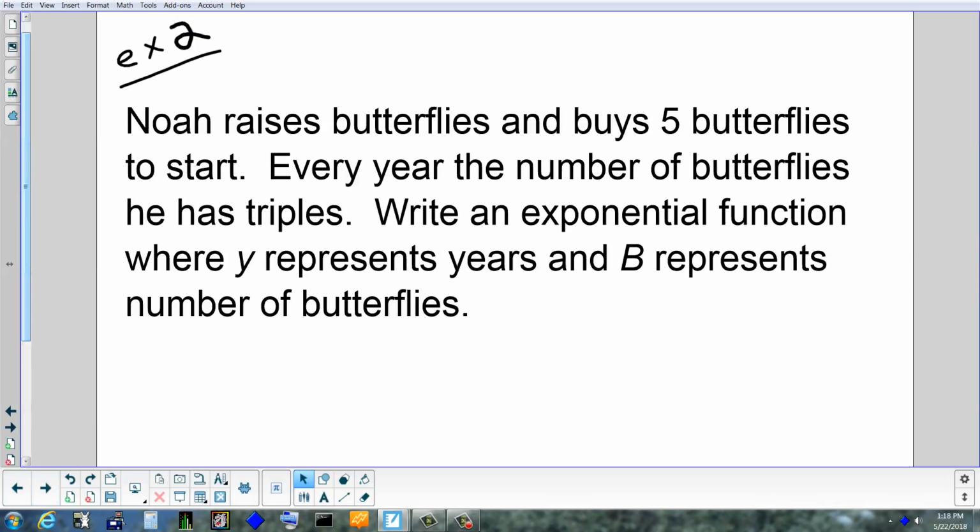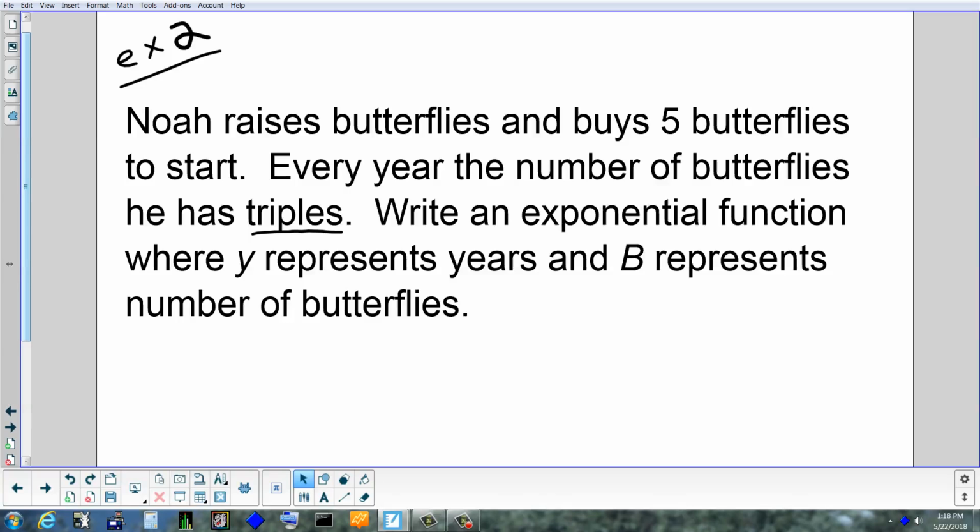All right, so let's look at example 2. Noah raises butterflies and buys 5 butterflies to start. Each year, the number of butterflies triples. Now, if you get a problem and it says that something is doubling, tripling, or quadrupling, that's exponential.